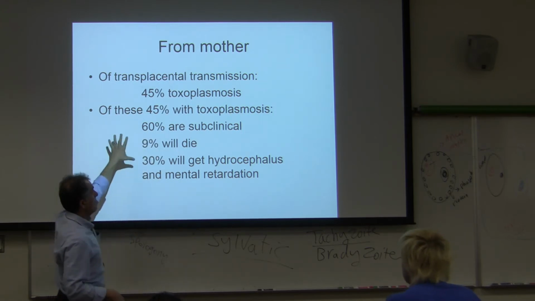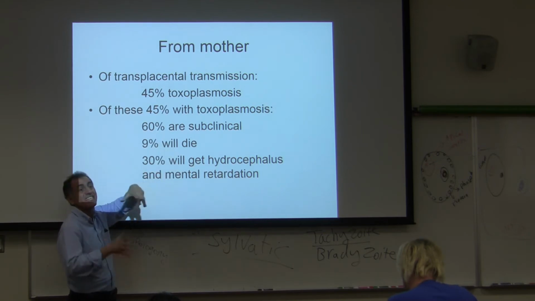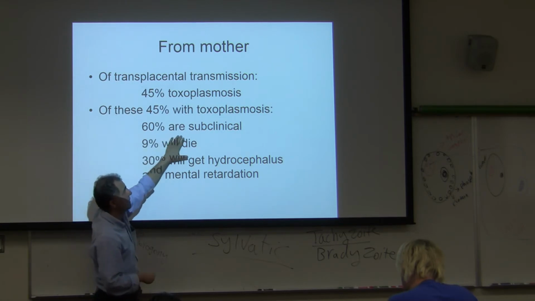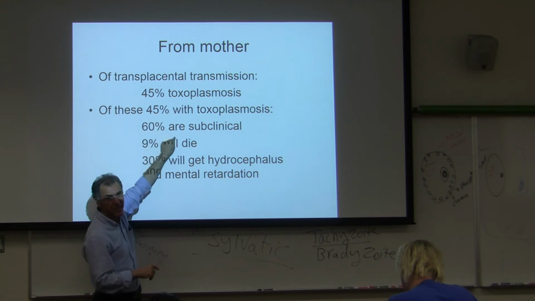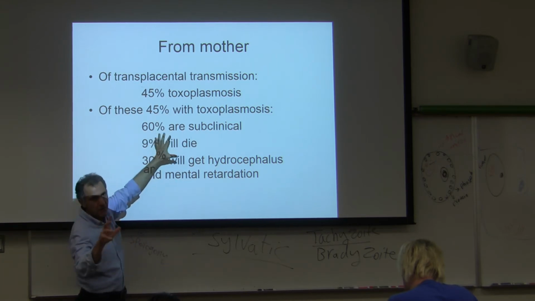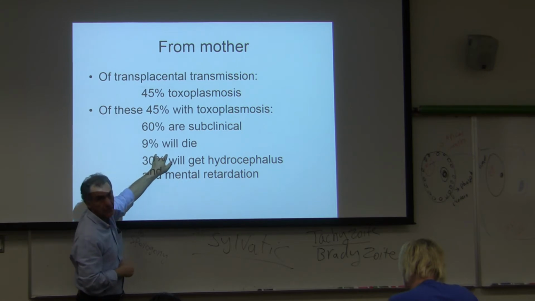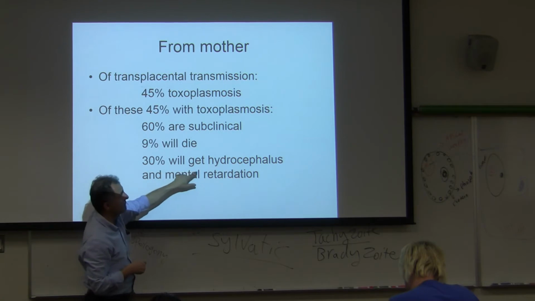Okay? Out of those 45% who become infected during pregnancy and they have Toxoplasma gondii, 60% are subclinical. That is not much out of that 45%. That is not much of a problem. There's some subclinical problems. 9% will die, just like the picture I showed you. 30% will have hydrocephalus.